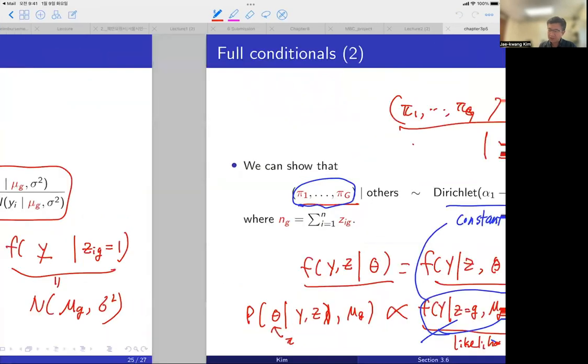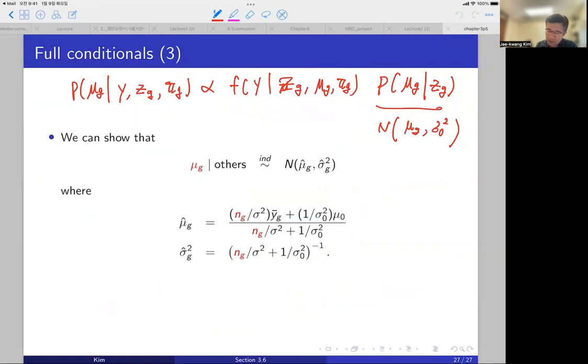Okay. So then if you look at this guy, what is the conditional distribution of Y given the group? That is actually normal, mu g and sigma square. And now you have a product, so you actually have multiple of them.